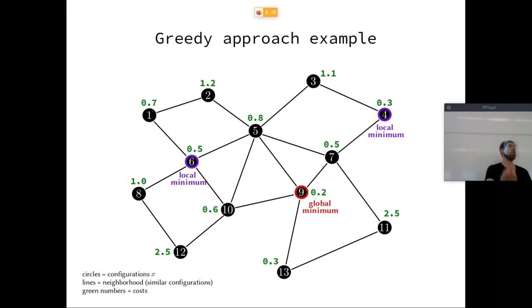Either choose a configuration completely at random, and we might use that just to choose a starting point. But choosing a path completely at random is not typically going to be very good.